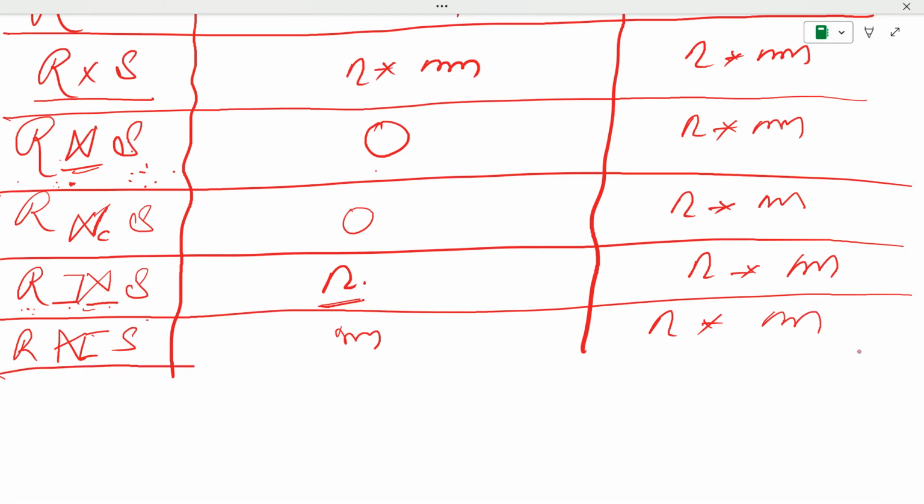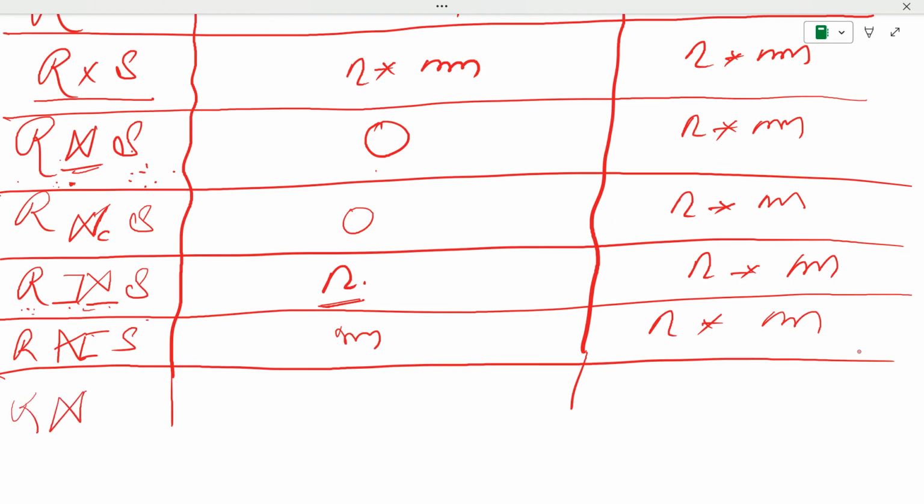The minimum number of tuples in the outer join of R and S could be n plus m if the natural join gives 0 tuples. Altogether we can get a maximum of n cross m, that is n into m.